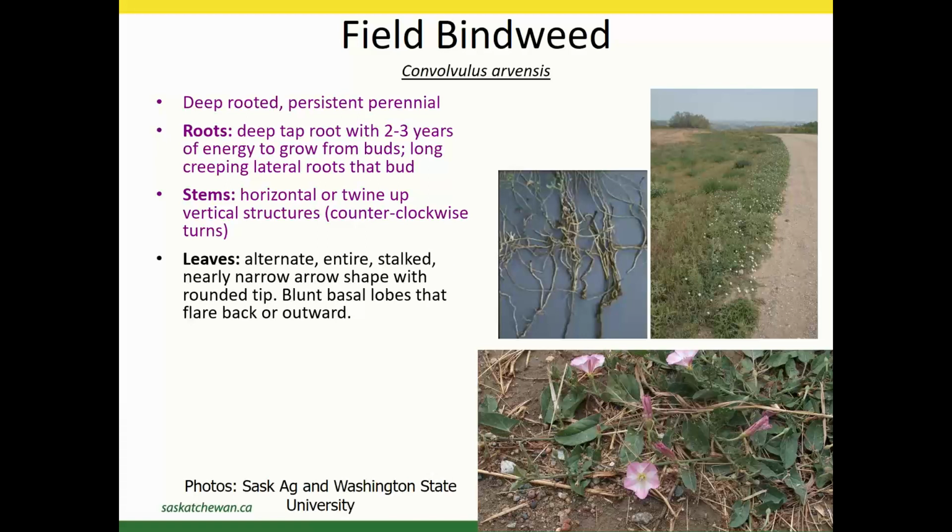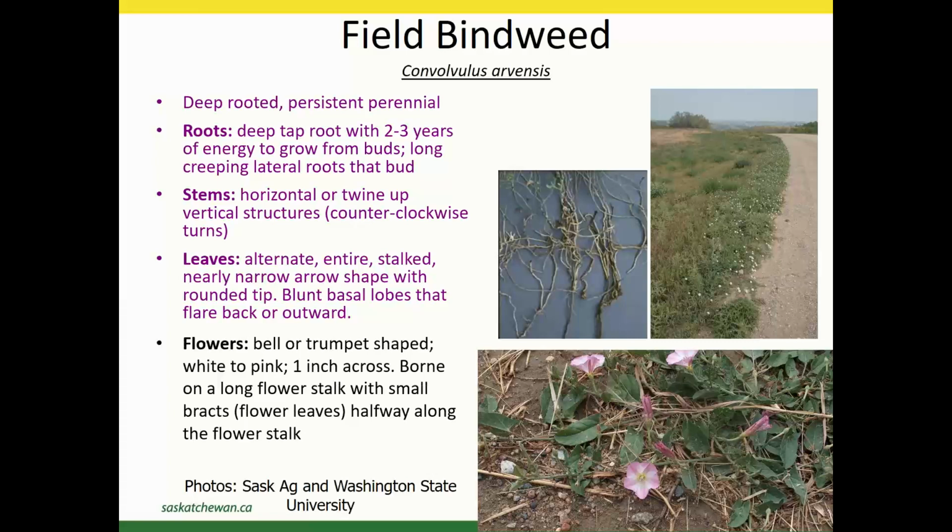It does have basal lobes where the leaf body meets its stalk, and they generally either flare outward or straight back. And again, in comparison to wild buckwheat, the lobes on wild buckwheat will typically curve inward towards that stalk.